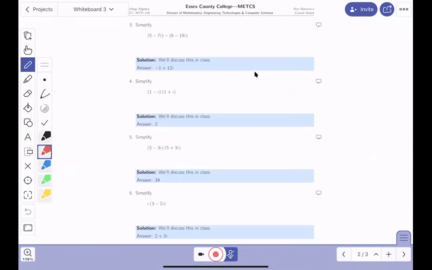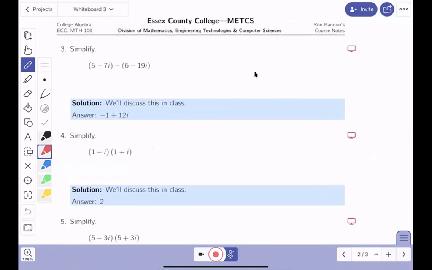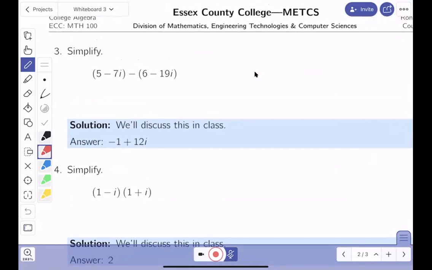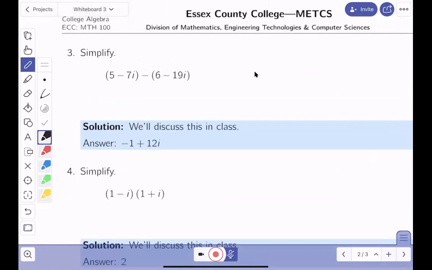Number 3 is a subtraction problem. One step at a time. We're not saying that you can't do this quickly. I'm just going to say I'm going to take one step at a time. I'm going to remove the grouping symbols. 5 minus 7i minus 6 minus a minus 19 is plus 19i. Combine like terms. 5 minus 6 is -1.